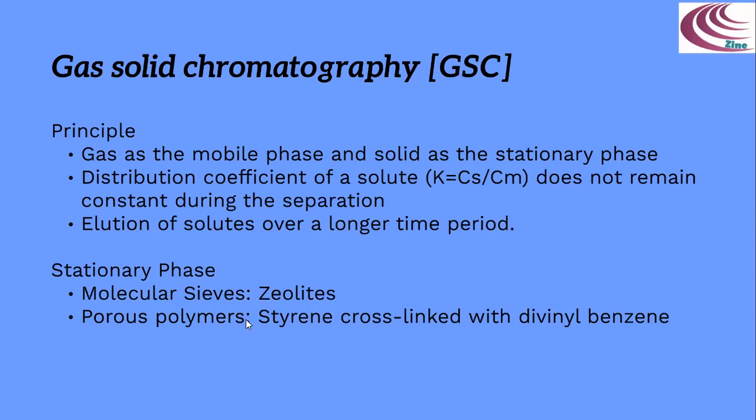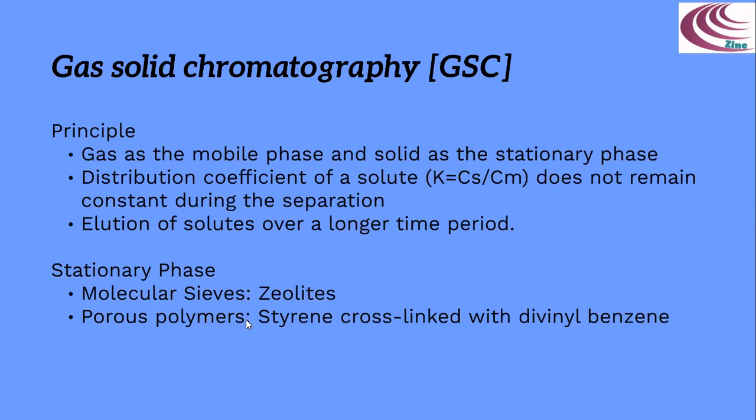In case of porous polymers, the stationary phase in gas solid chromatography can be in the form of porous polymeric beads of uniform size. A polymer can be in the form of styrene cross-linked with divinyl benzene. This polymer is available in the market under the trade name of Porapak. The pore size of the polymer is controlled by controlling the degree of polymerization.